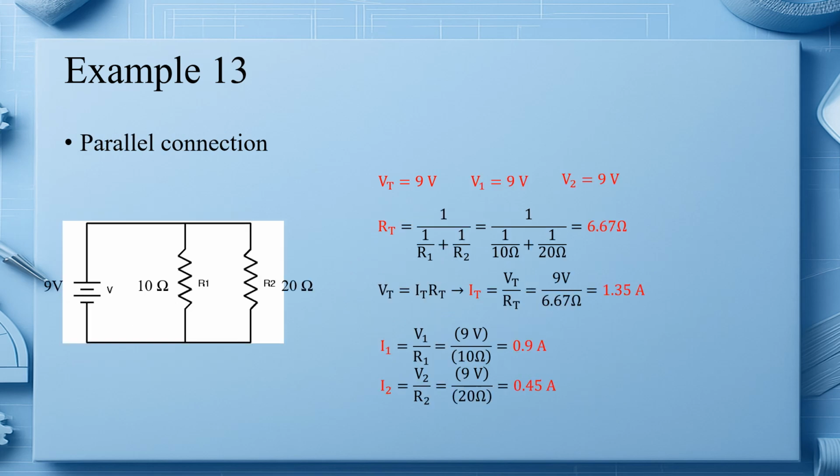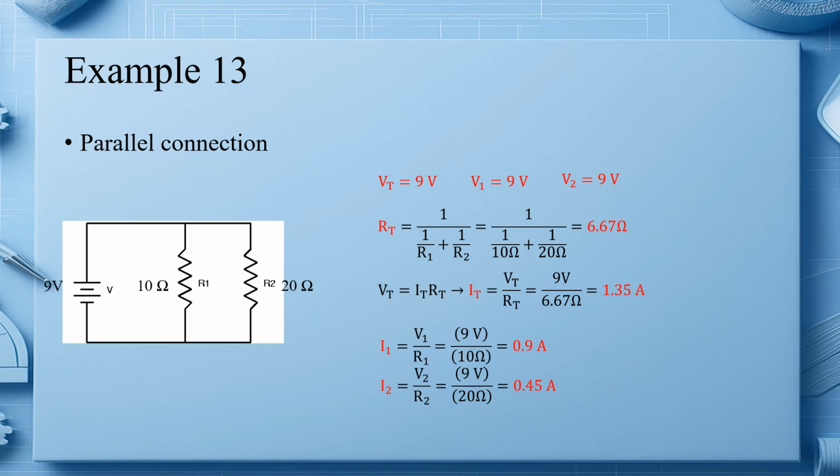Another example, for the parallel connection, we have the same given, 10 ohms and 20 ohms. V1 is equal to 9 volts also, and V2 is 9 volts, so it is equal on all parts: Vt is equal to V1 is equal to V2.